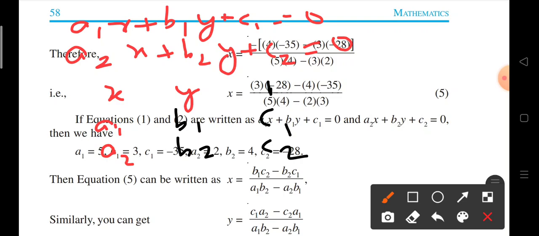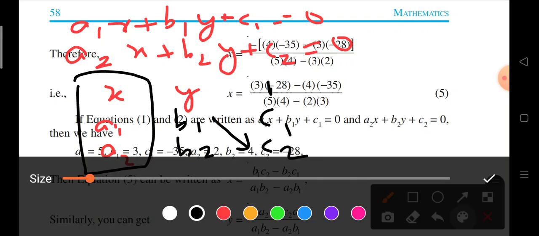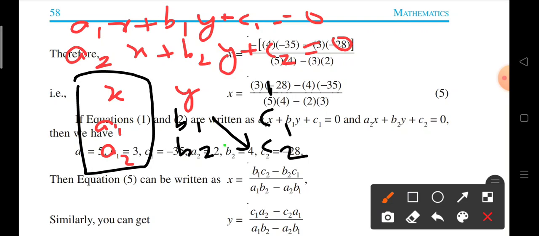Now when you have to find the value of x, forget about this, multiply b1 into c2 minus b2 into c1. See over here, b1 into c2 minus b2 into c1.